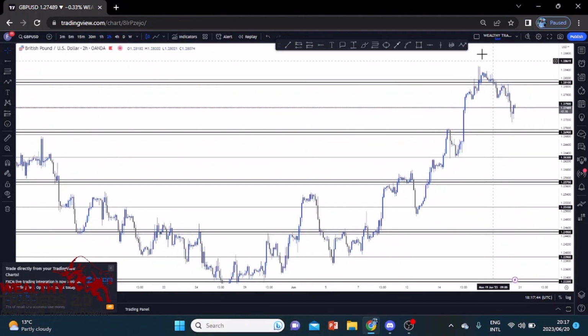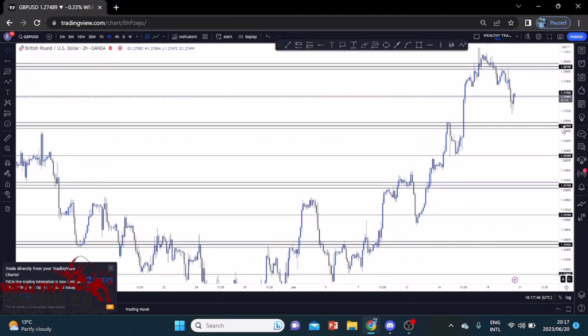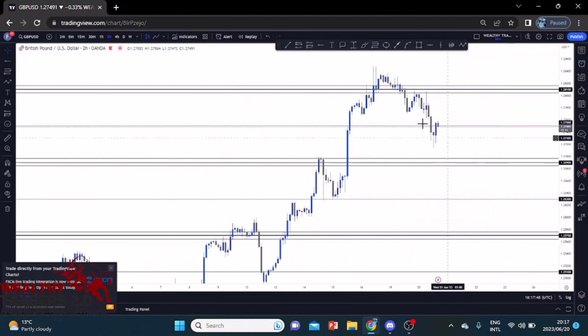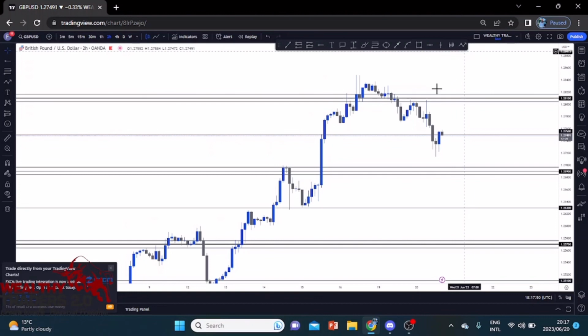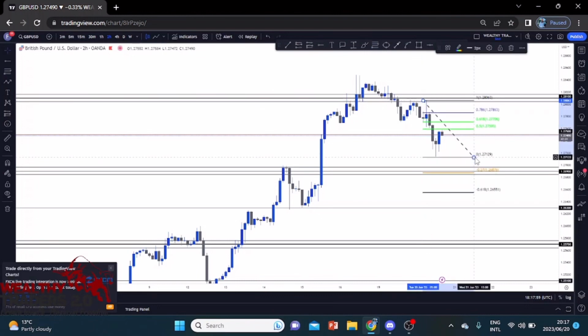Even here, if we zoom in, I can plot my Fibonacci from here to there, and I can see that price tapped in my 50 and 61.8 level.